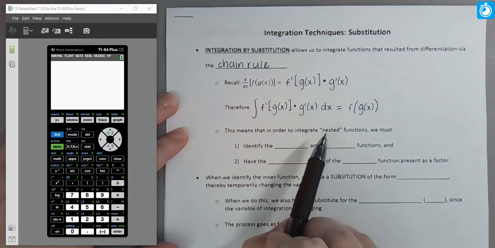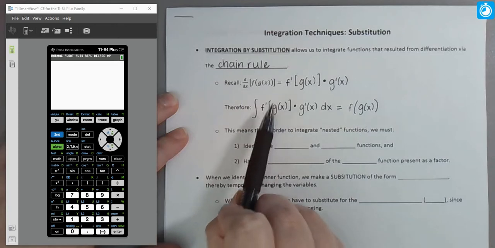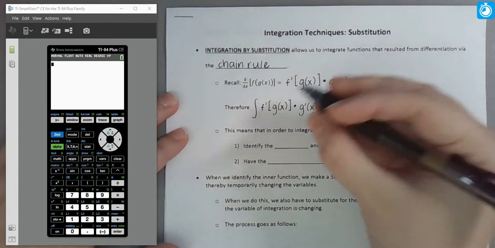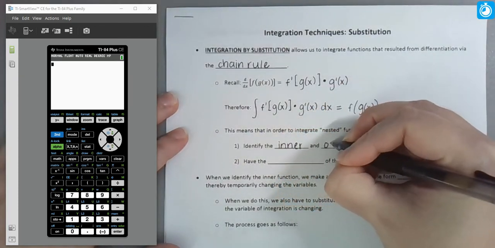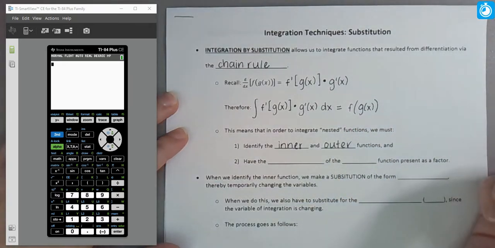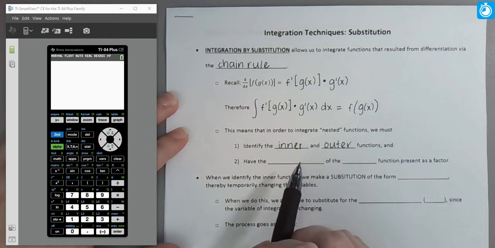So this means in order to integrate some kind of nested function, something where we have a function with another function subbed into it, then we must, number one, identify the inner and the outer functions. In other words, we need to identify how one function is nested inside of the other, which function is on the outside and which function is inside being plugged into it.